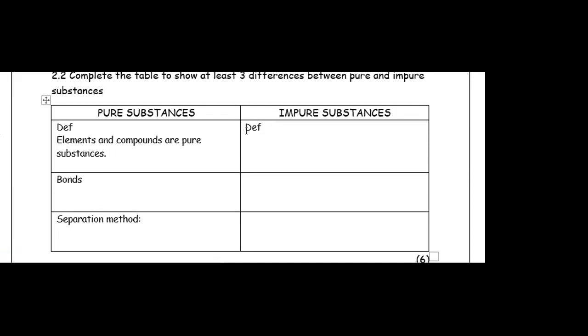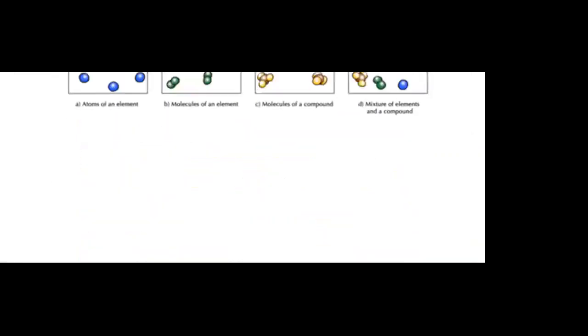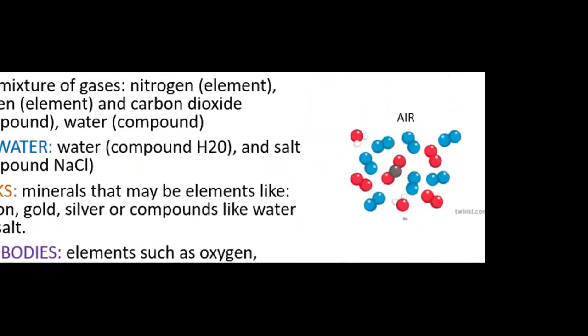It is made up of a combination of elements and compounds. Right? So let's look at an example of a mixture. An example would be air.